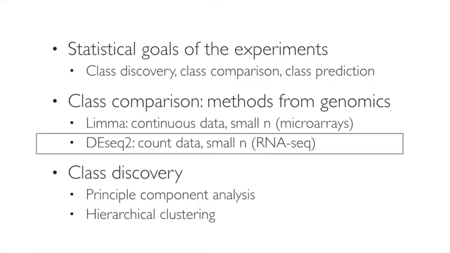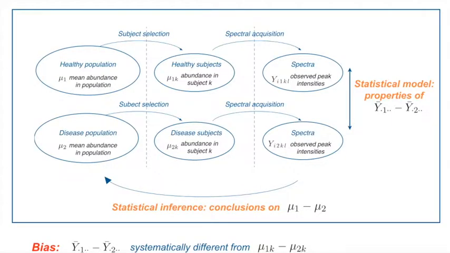In mass spectrometry, it's actually the opposite, in that spectral counting is semi-quantitative, right? It's not as good quality quantification as peak intensities, but it's easy to do, and so it is still often used for screening and things like that. So it is important to know how to analyze this data. Going back to our figure, we have exactly the same question, right? We want to compare the same populations using some subjects, but now our data come as discrete values and not as continuous values.